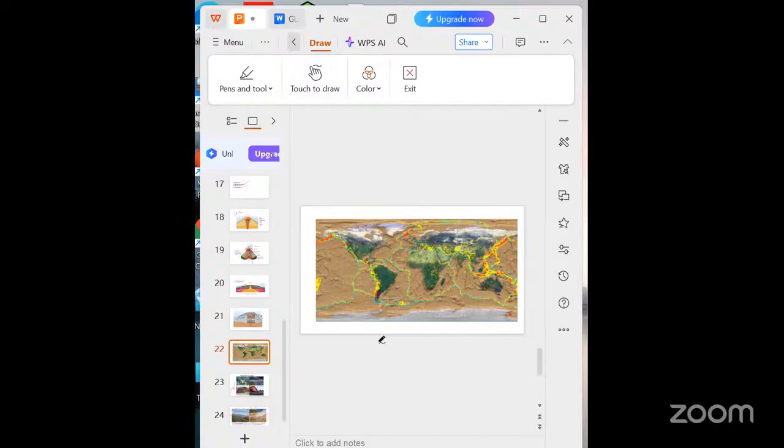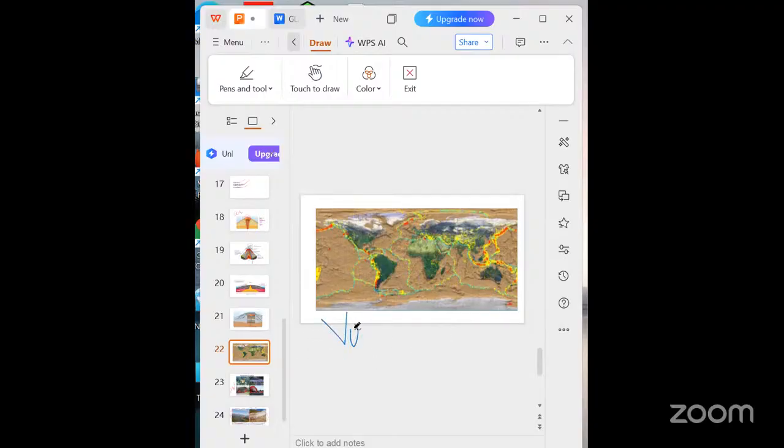The molten rock material, magma, can then ooze its way towards the surface where it accumulates at the surface to create a volcano, right?